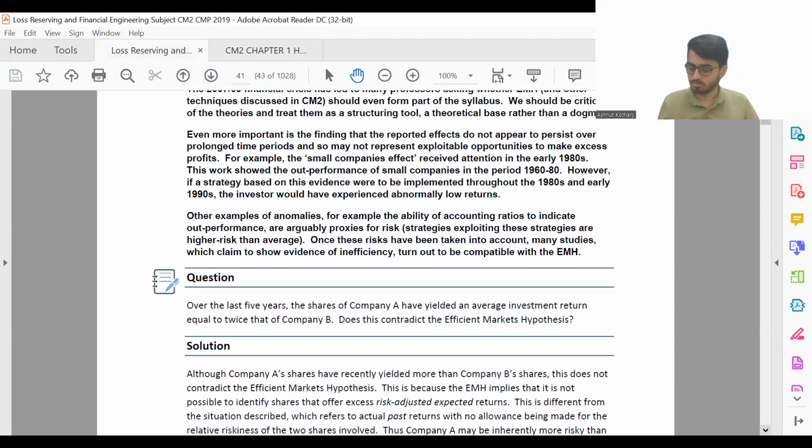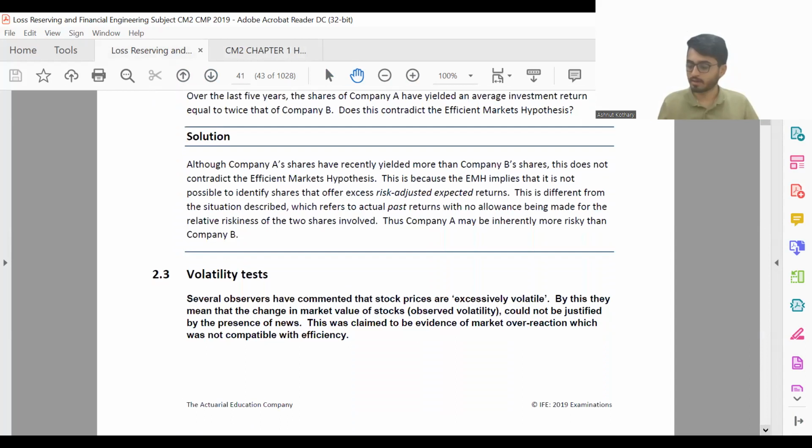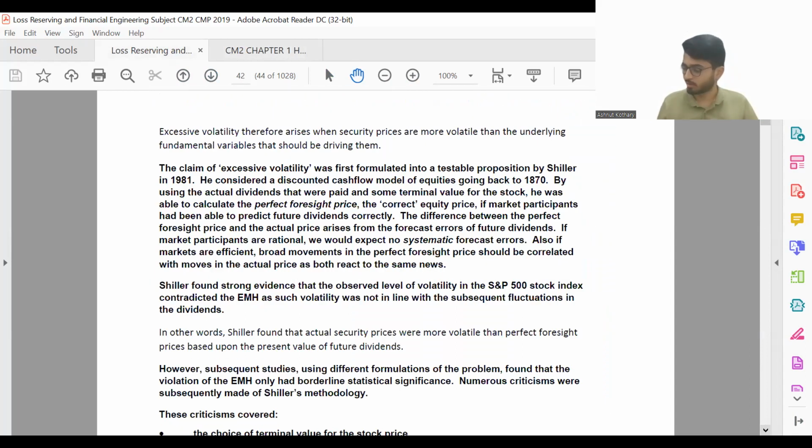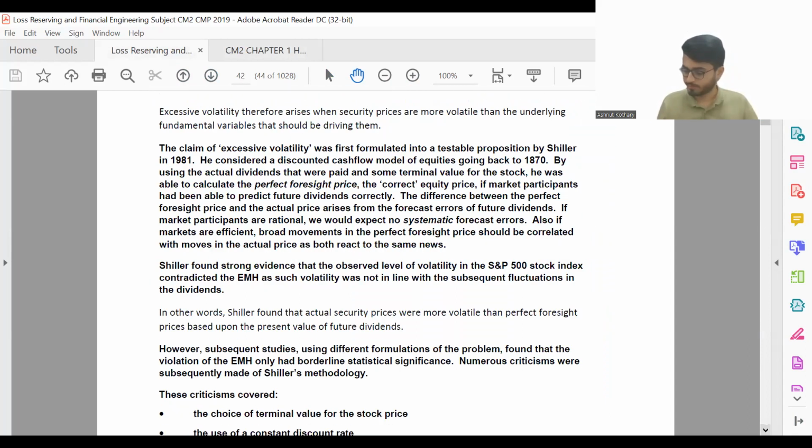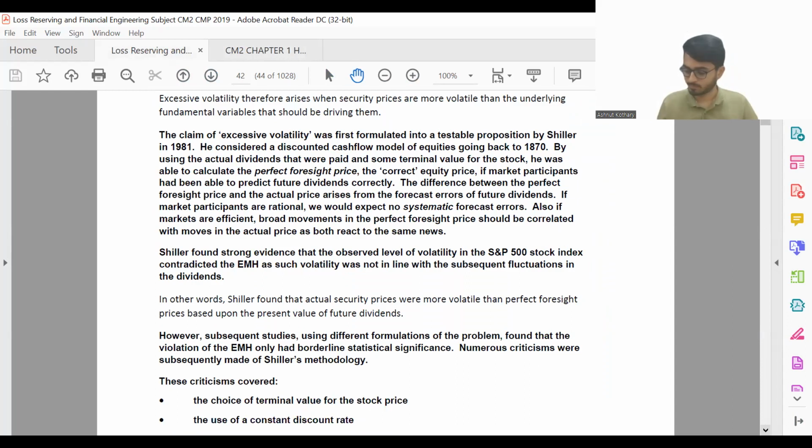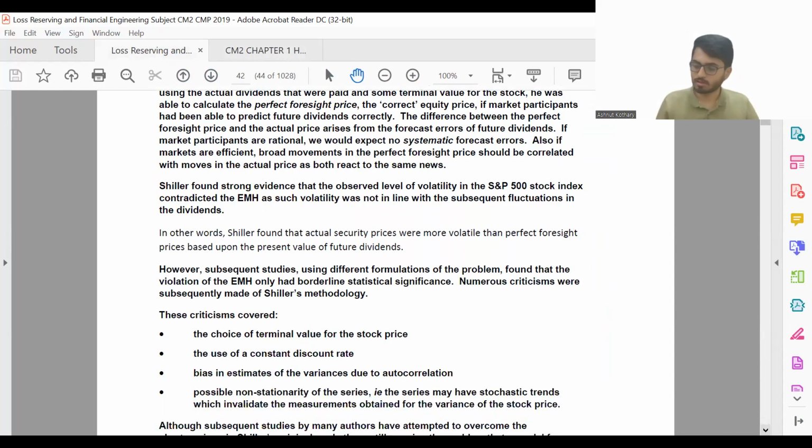These are the anomalies given there. Volatility test is basically Schiller's volatility.